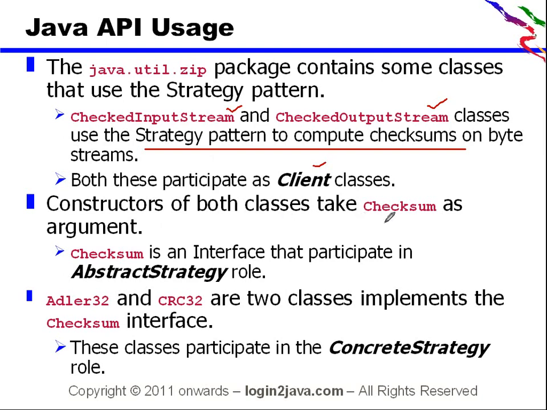The constructor of both classes takes a Checksum as an argument, where Checksum is an interface that participates in the abstract strategy role, and Adler32 and CRC32 are the concrete implementations of the Checksum interface. These classes participate as concrete strategy in this role. So this is a Java API example.